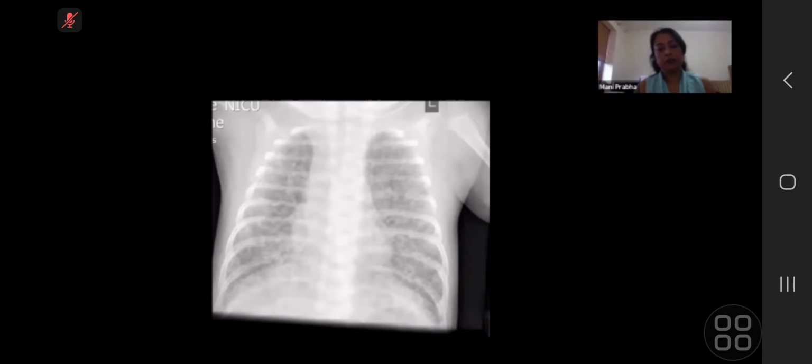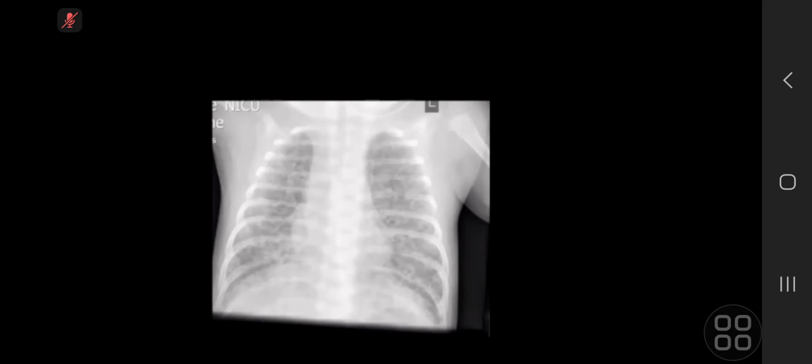Reticular shadowing throughout both lung fields. I would like to know the patient's clinical history, but if they have a history of mechanical ventilation, this might represent bronchopulmonary dysplasia-like changes.